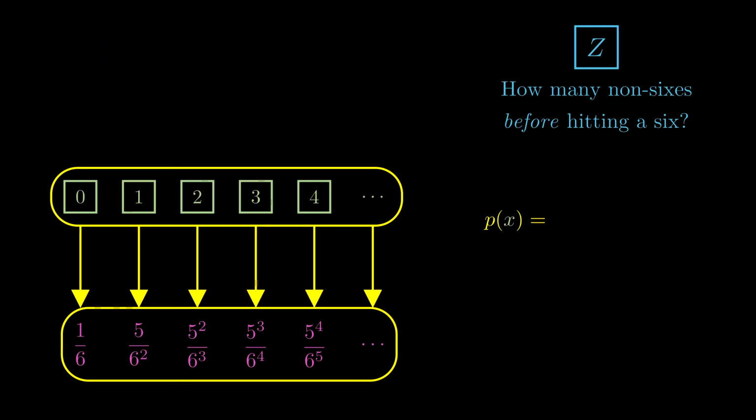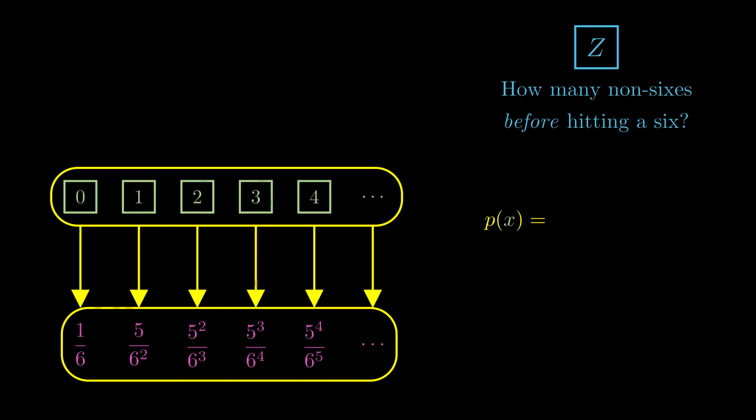You can probably just see the pattern and write the answer, but let's talk through the probabilities again just so we're clear. To reach into the Z box and end up getting little x, whatever that is, might be 10, might be 20, might be a million, he must have failed to hit the 6 x times, and then succeeded in hitting the 6 on the very next roll.